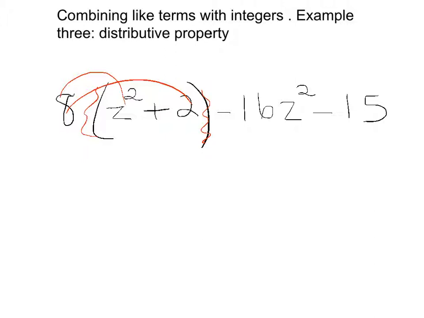So I'm going to do that. 8 times z squared is 8z squared plus 8 times 2 is 16. And then I'm going to bring down the rest of the expression.